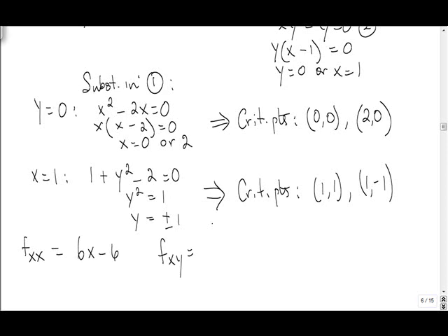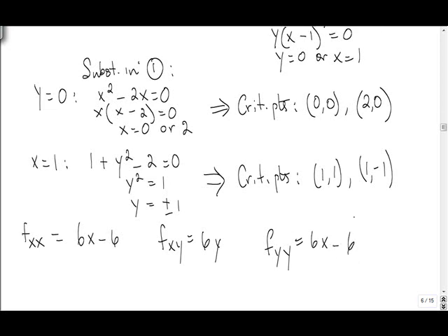You partially differentiate fx with respect to y. What is it? 6y. And what's fyy? 6x minus 6. Okay, let's draw up our little table.